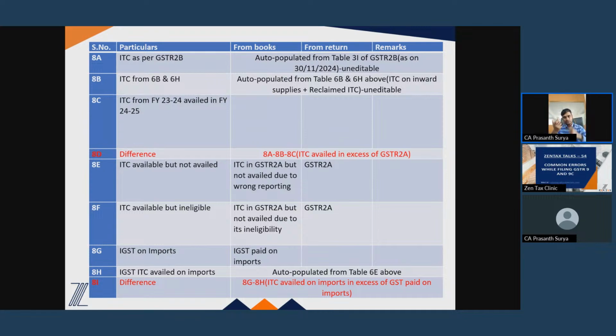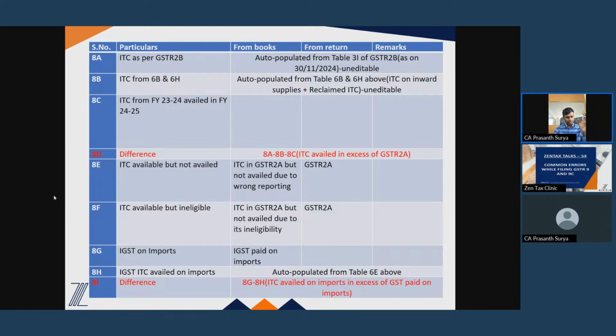So you wouldn't be able to decipher what differences you exactly intended in table 8D. So if there are any differences, please have a separate internal annexure for GSTR9 and 9C filing, and keep an annexure to that so that if any future queries come, you would be able to submit it and prove your non-liability.